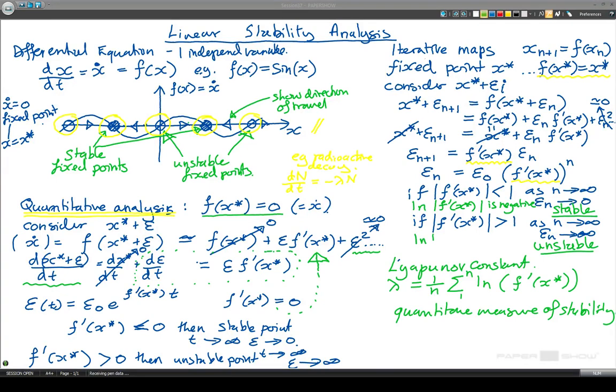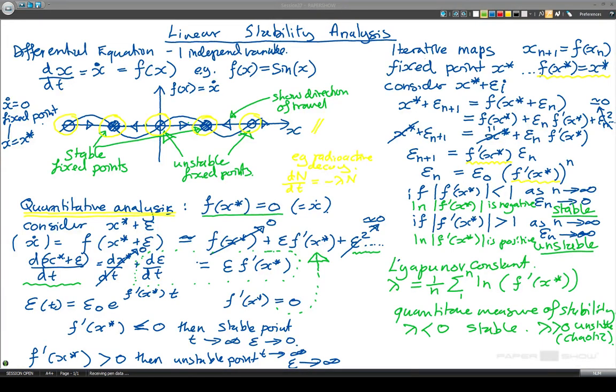And the log, if the number is greater than 1, is positive. And so we can say for lambda less than 0, it's stable. For lambda greater than 0, it's unstable, or maybe even chaotic.